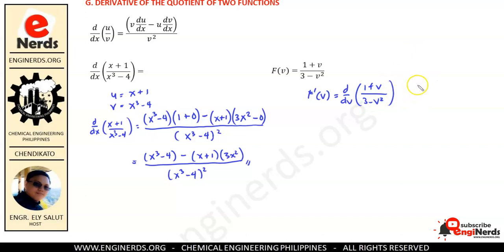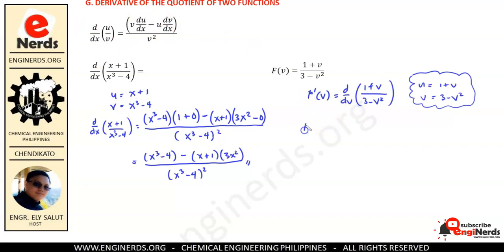So, in here, ang ating u is equal to 1 plus v and our v in here sa ating formula is equal to 3 minus v squared, no? So, this is just to note kung alin ang ating u and v, no? But this doesn't mean anything sa ating calculation here. So, gagamitin natin tong ating equation there.